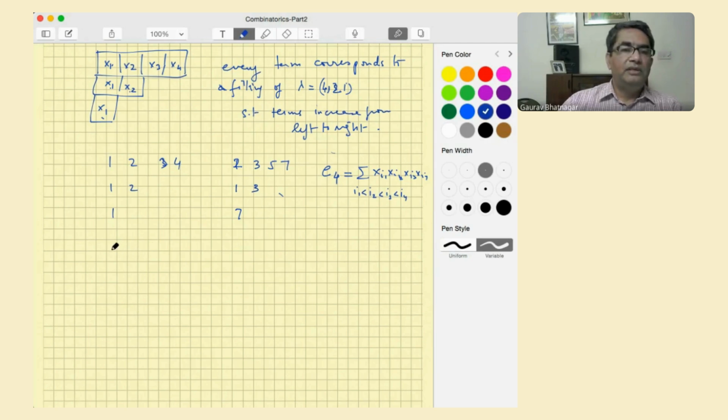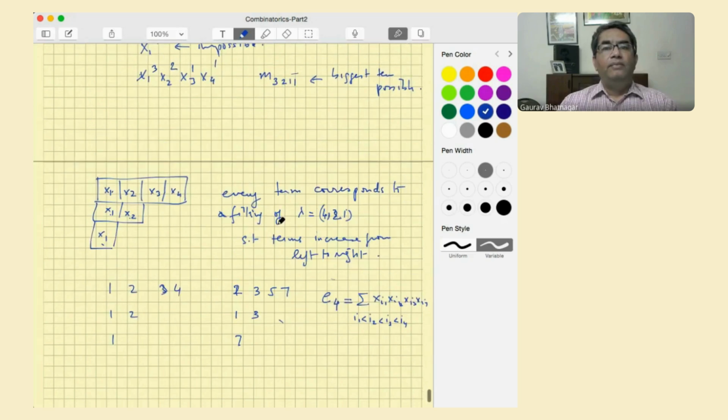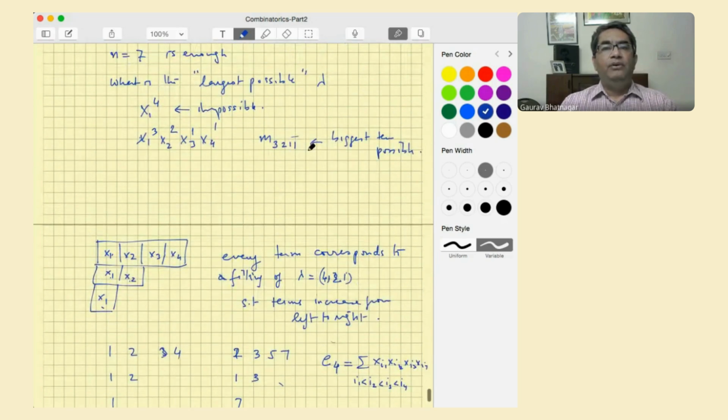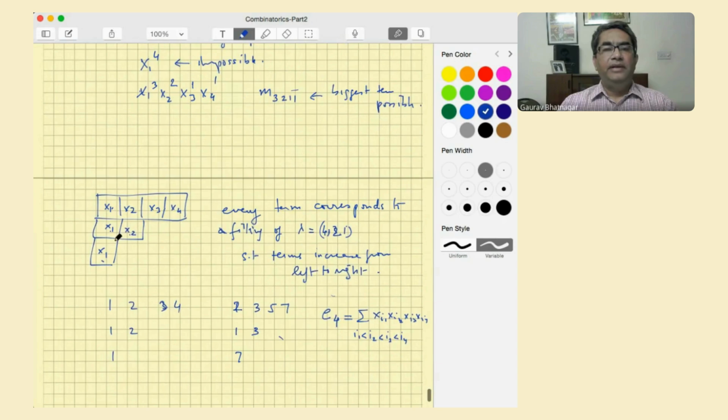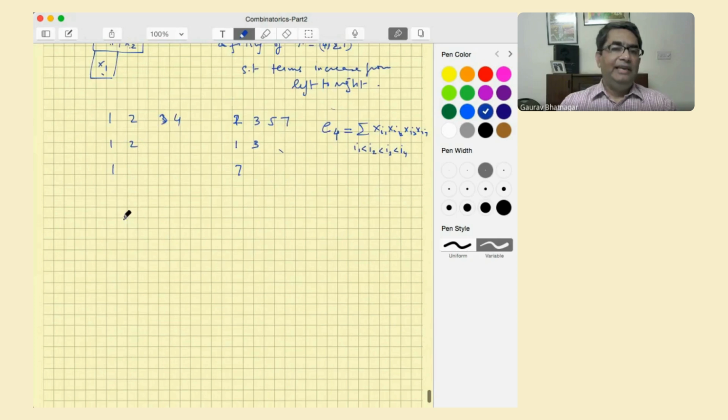First of all, this M3211 is simply 3211. So if you have e_lambda, then the highest term possible is m_lambda prime, where lambda prime is the conjugate of lambda.